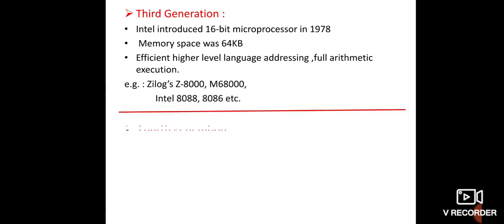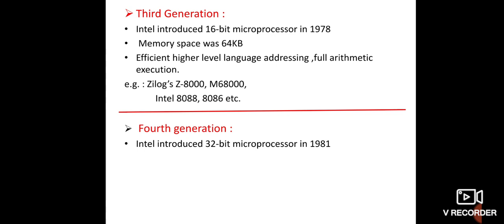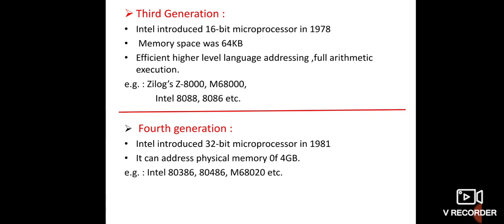Now in the fourth generation, it is an advanced microprocessor. Why is it called an advanced microprocessor? Because here Intel introduced a 32-bit microprocessor in 1981. It is capable of addressing physical memory of 4 gigabytes, also called 4 GB.